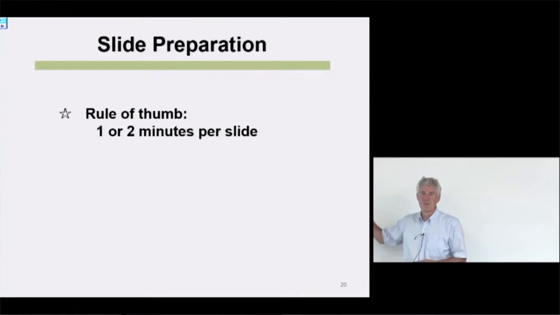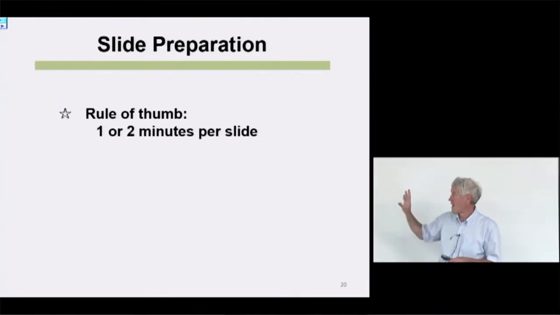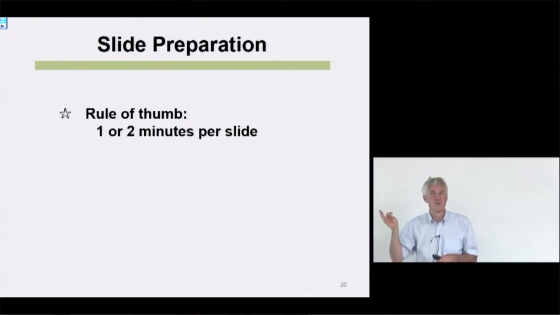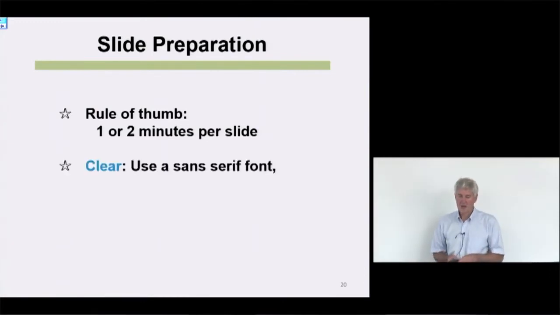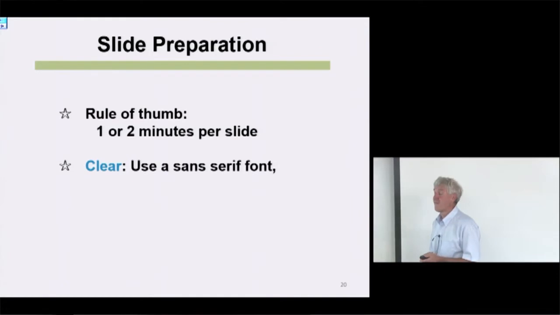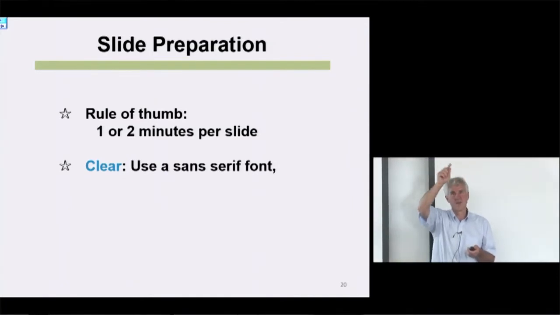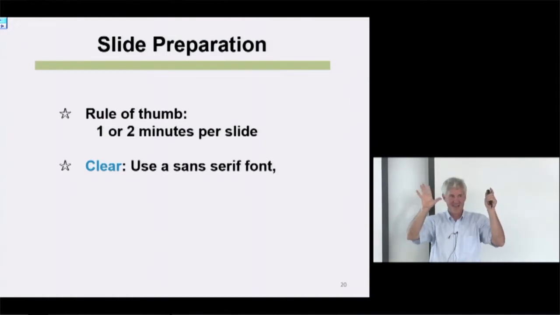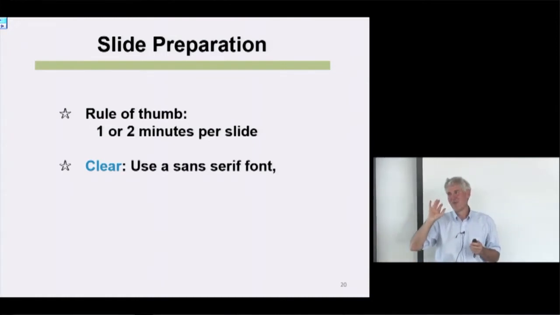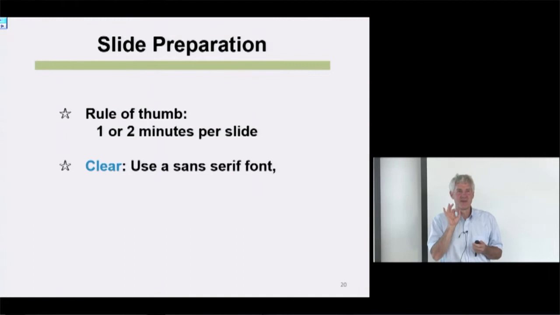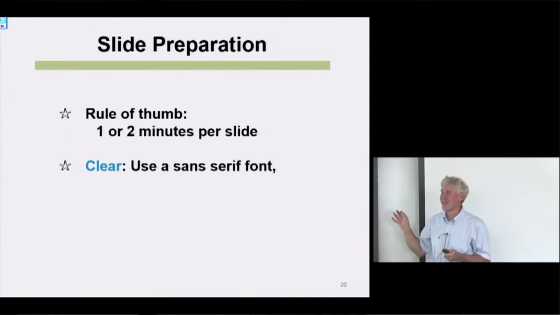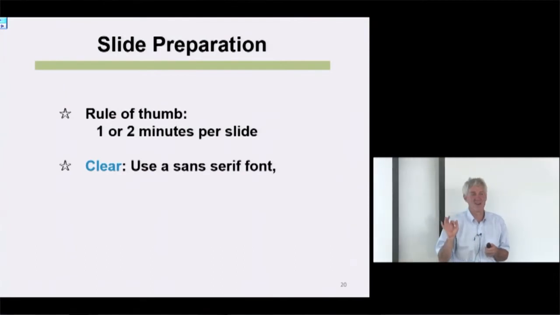So you try and keep the slides so that there is only 1 or 2 per minute. And use a clear font. A font that doesn't have all little squiggles and very artistic. Here, you're not going to be judged on how artistic you are, but how clearly your audience can understand what you're saying.